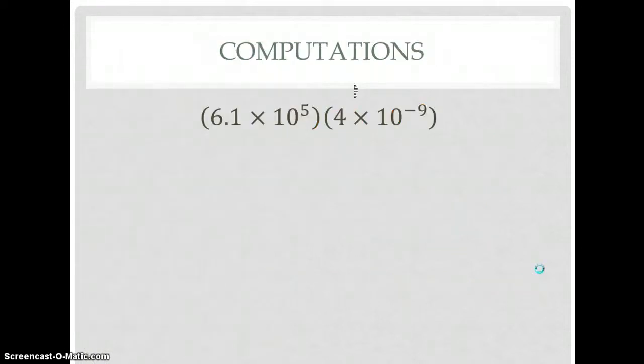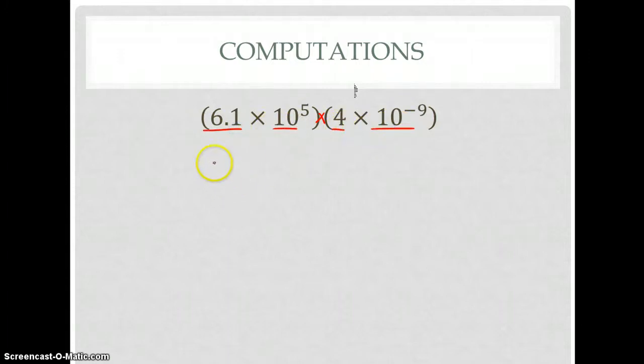If we're going to do computations with scientific notation, we need to think about some of the properties we have for exponents and numbers in general. If we're going to do this problem, short of just typing it straight into your calculator, you can use properties that we use every day. If you notice, this is a multiplication problem, so we can treat these as 4 different numbers being multiplied.